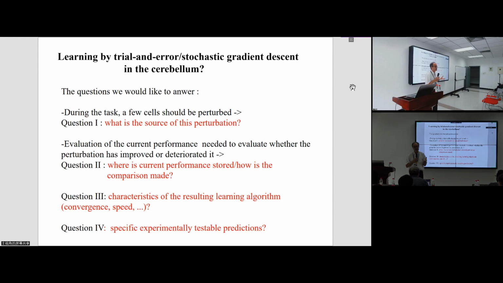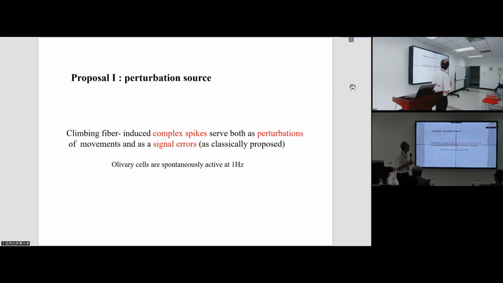Then we'd like to propose an anatomical structure that would store the current performance. And then, if we have an algorithm, we can try to study it and see how it works, and see if there are specific predictions.